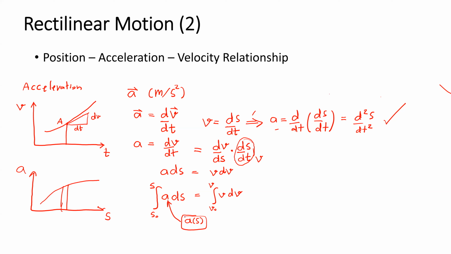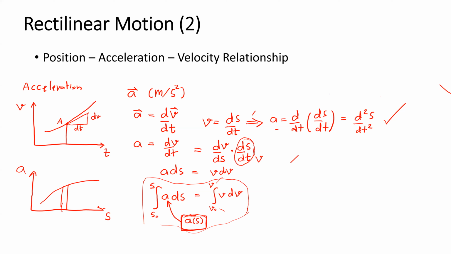If we can find the function of acceleration as a function of the distance, and we need to find maybe the initial velocity or the final velocity, many times we can take advantage of this relationship.